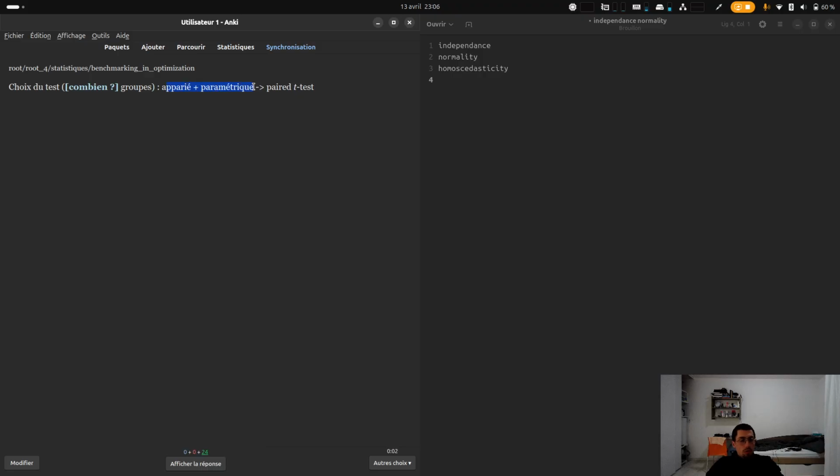When you have two groups, pipeline. The specific term is not that important, but let's try to remember it. Single problem analysis. Parameterized.